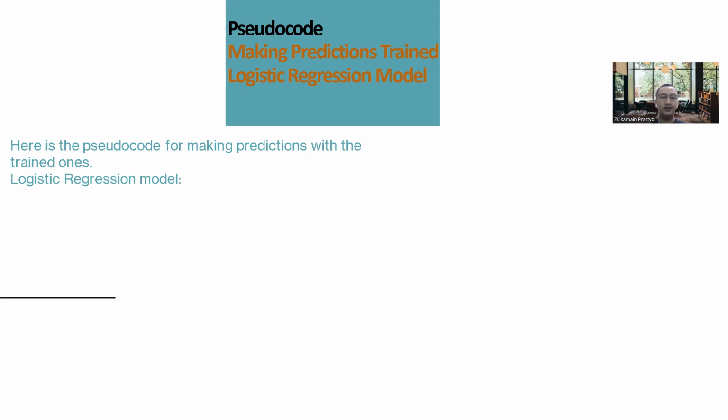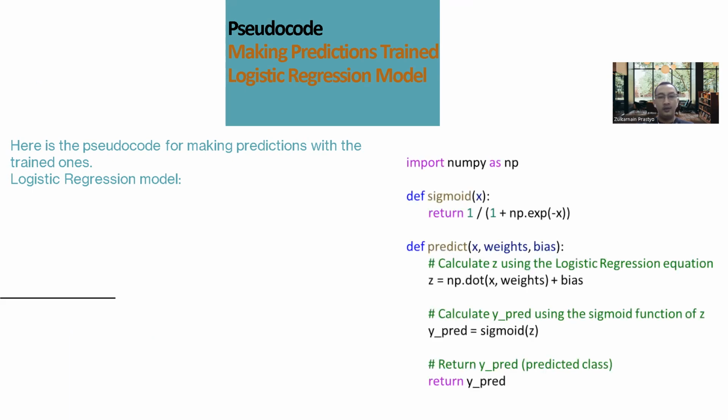So the logistic regression model: import numpy as np, def sigmoid(x), return 1 / (1 + np.exp(-x)), and def predict(x, weights, bias). I will predict the class and return y_predict.